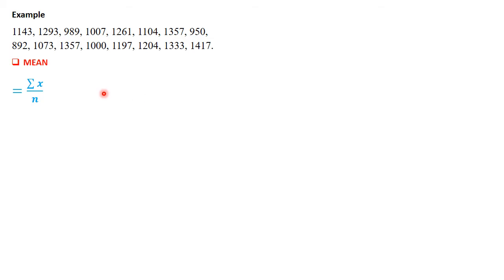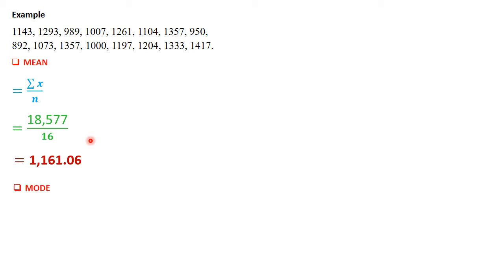In this case, n is 16 because the total number of observations is 16. If you count that way, the 1417 will be the 16th value. Adding these figures together gives us 18,577 divided by 16, and we get the mean, 1,161.06. There's not much more I can say about that.